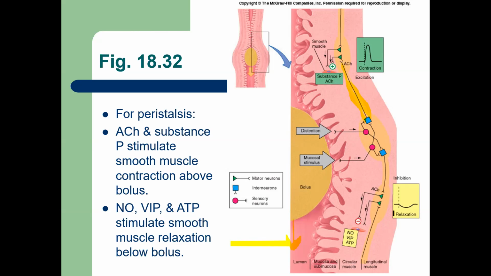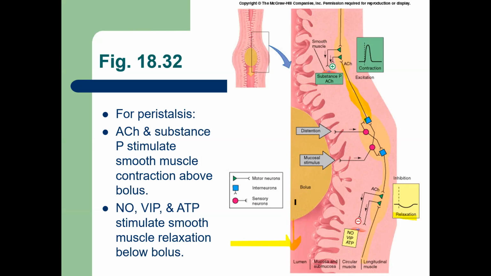These will tend to cause relaxation. So these will tend to be inhibitory when it comes to smooth muscle, whereas substance P and acetylcholine will tend to be excitatory. These cause hyperpolarization or relaxation. So you get constriction here and relaxation here, and that propels the food bolus in this direction.